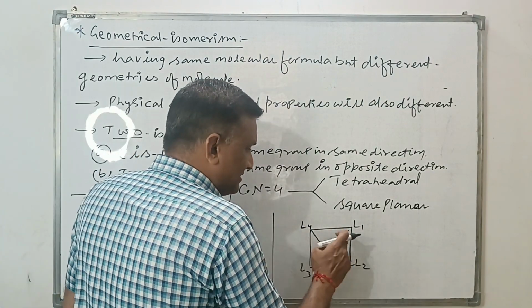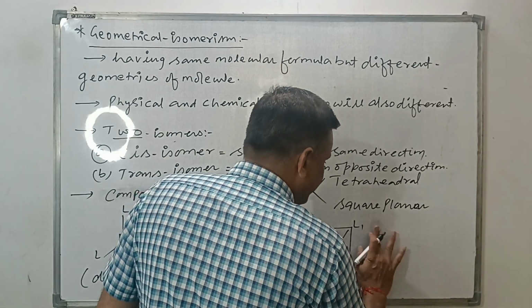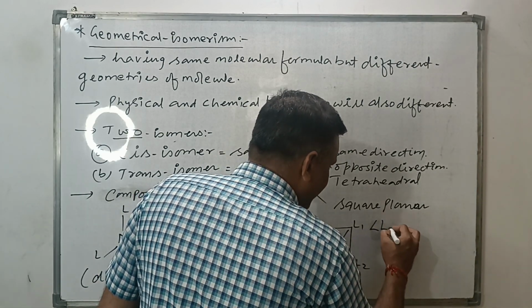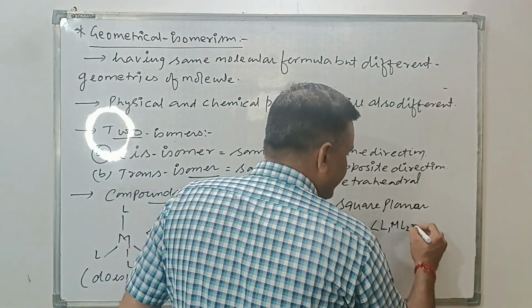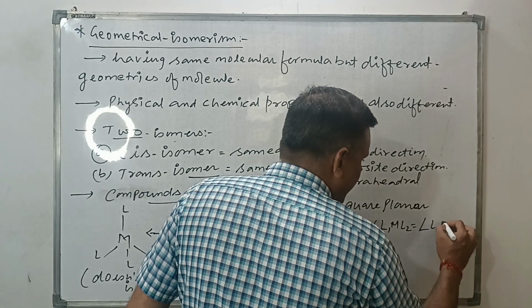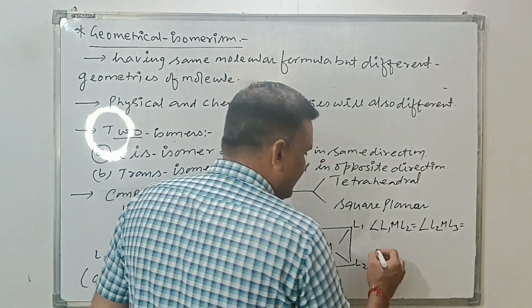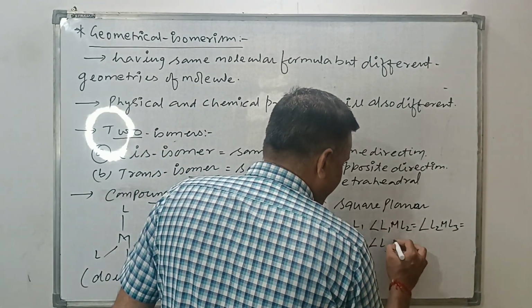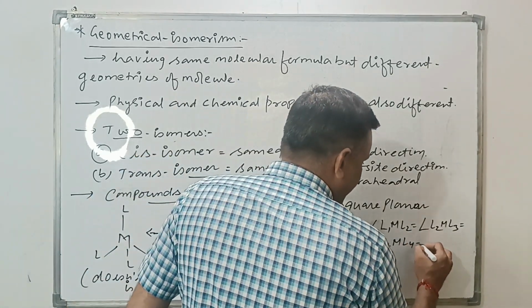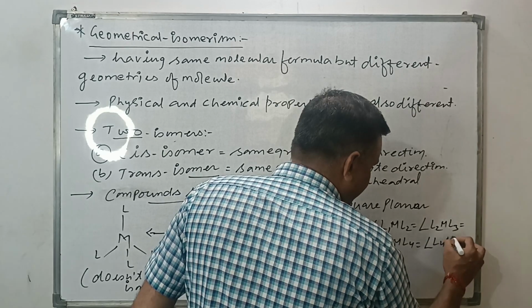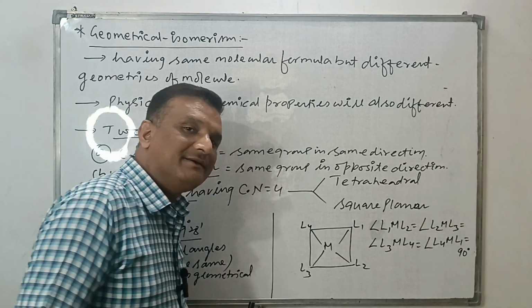One is angle L1 M L2, angle L2 M L3, angle L3 M L4, angle L4 M L1. All are angles of 90 degrees.